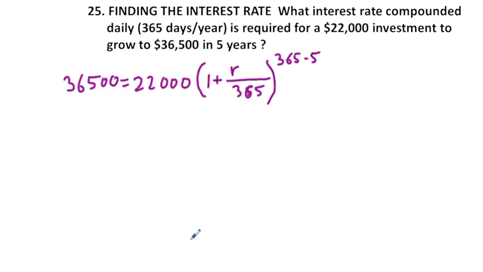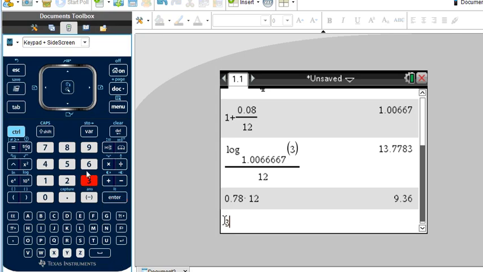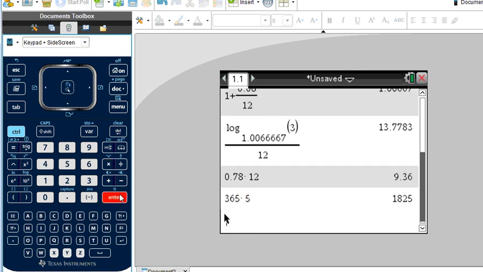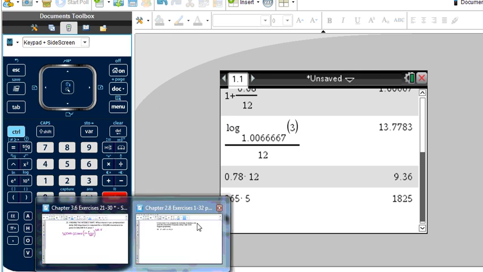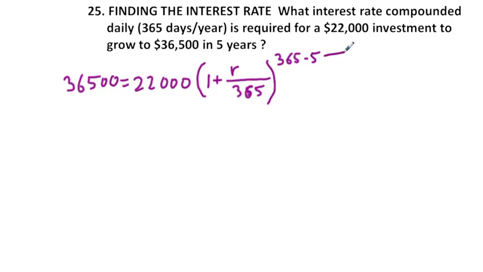So this 365 times 5, let's look at that. We're going to have 1,825 days. So we're just going to say here, 1,825 days. So let's divide out by 22,000 first.